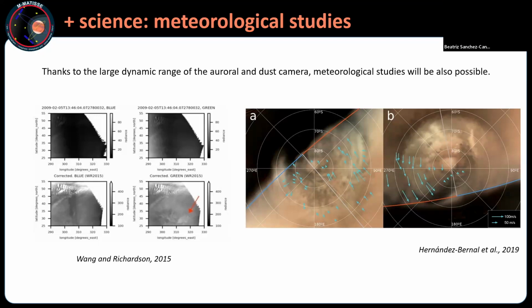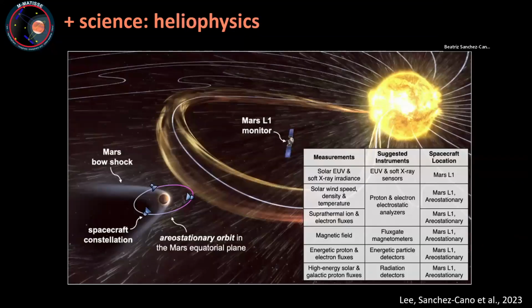So it's not in the goals, but it's there. So why not? And the same with heliophysics studies, because we will have a solar wind monitor there at 1.5 astronomical units. So it's not like it will be at L1, but it will be here. So there is a lot of interest from the heliophysics community, and actually we have a working group of people working on that.